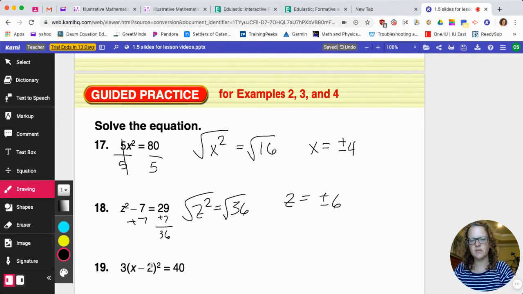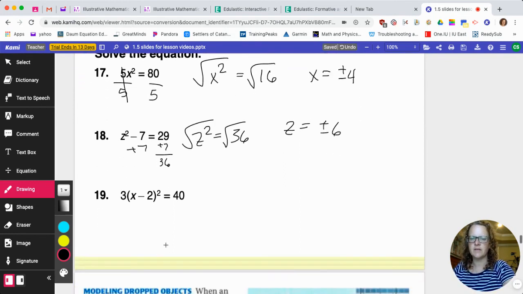Okay, this one, the one that's a little bit tricky, means if I'm trying to solve for x, I have to work from the outside in. So I'm going to divide both sides by 3 first. And I have x minus 2 quantity squared equals 1. 3 goes into 4 once.